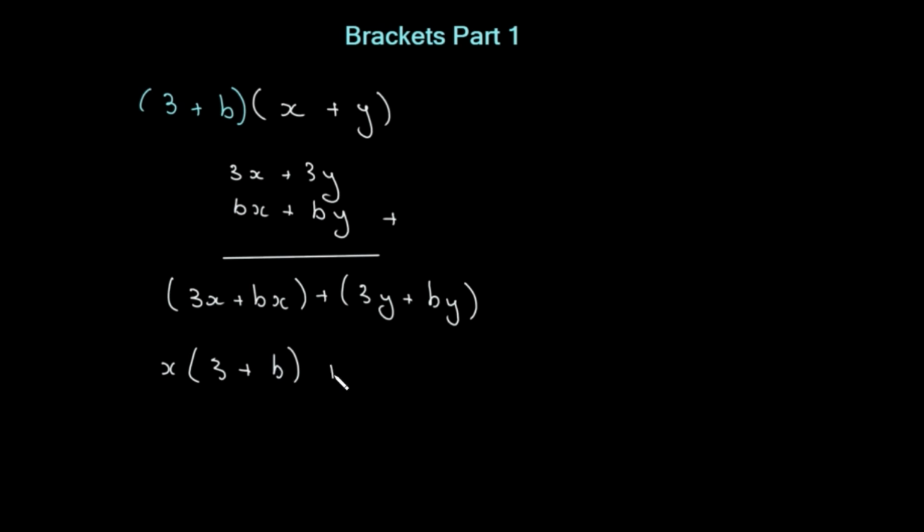Plus, here, oh, hang on, I need a bit more room than that. Here, what is in both of those is the y. So we take the y out. Remove the y from the 3 and we end up with 3. Remove the y from b and we get b. There's a plus in between.